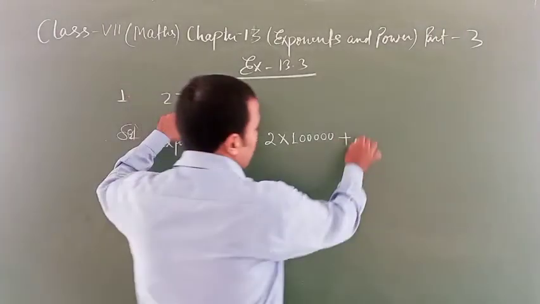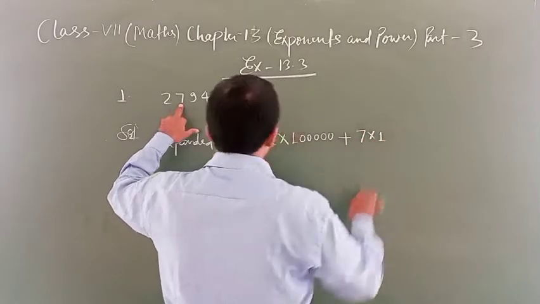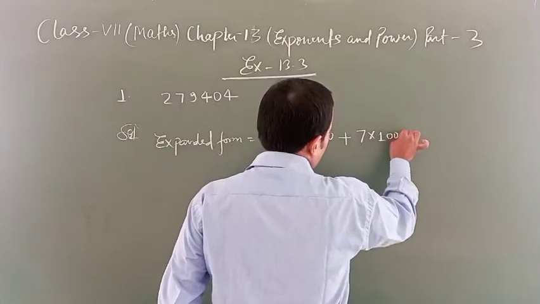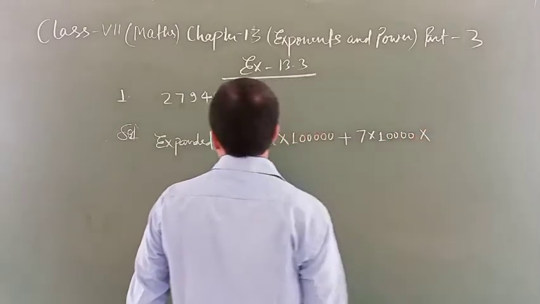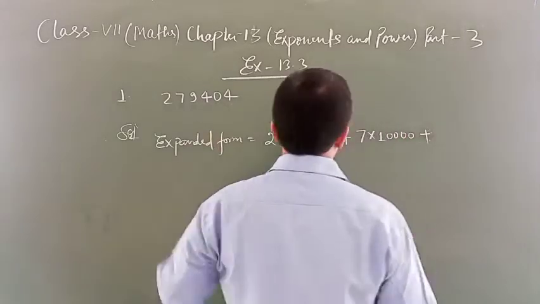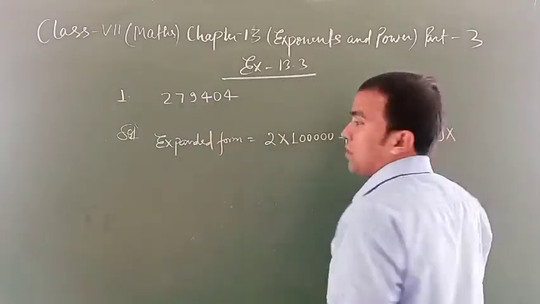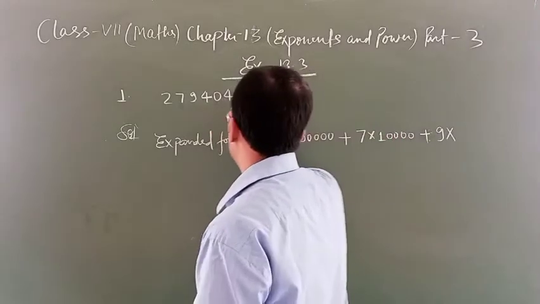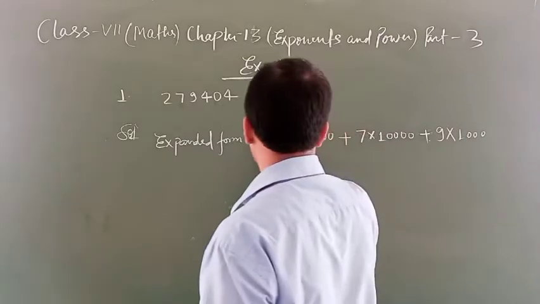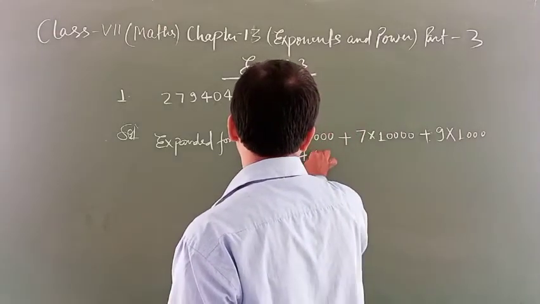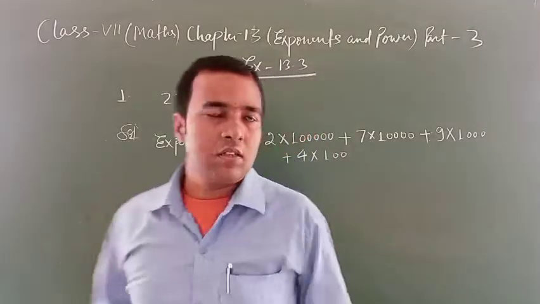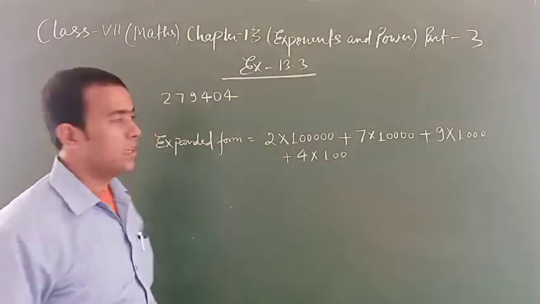7 into 1. After 7, there are 1, 2, 3, 4, so 4 zeros, into, plus 9 multiplied by 1, 2, 3 zeros, plus 4 multiplied by 100. The 400 place means 4 into 100.